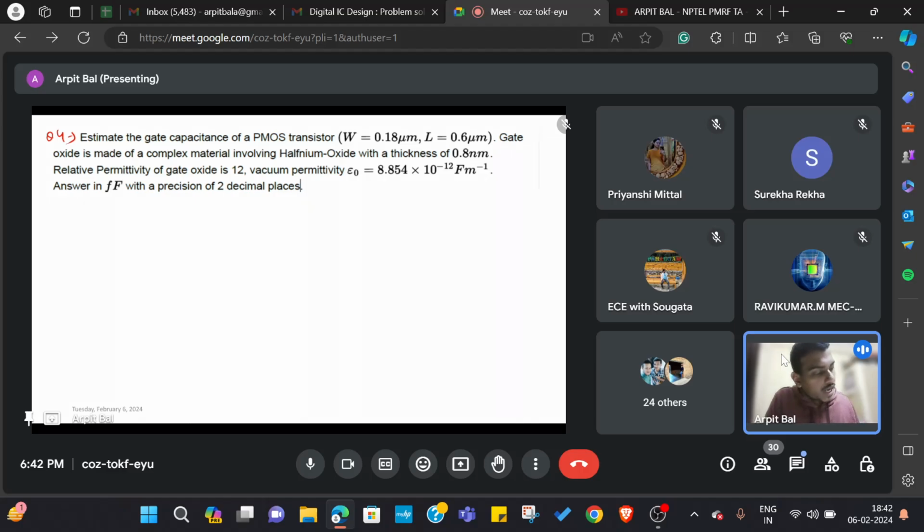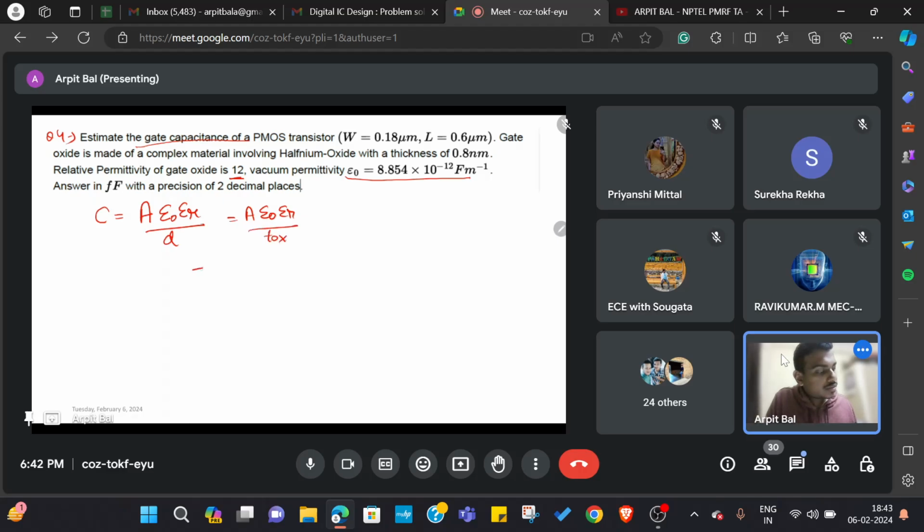Epsilon R is given to us as 12, and the epsilon naught value is mentioned. We have to figure out what is the gate capacitance. So capacitance is equal to A epsilon naught epsilon R by distance, and distance is nothing but the Tox.